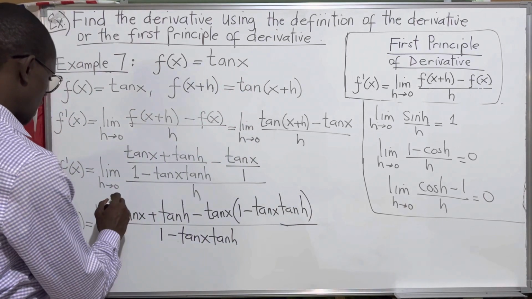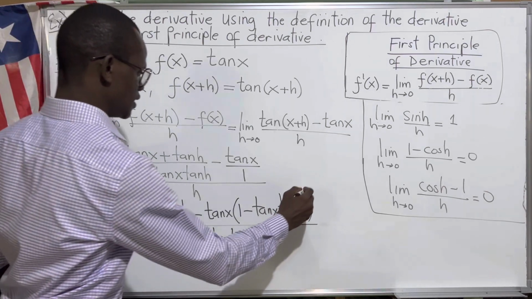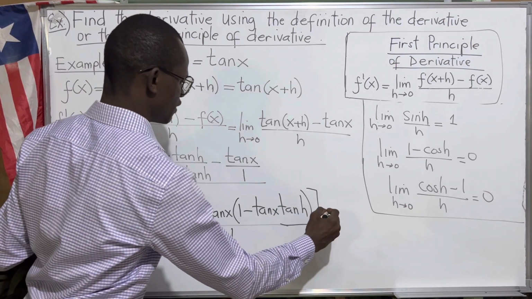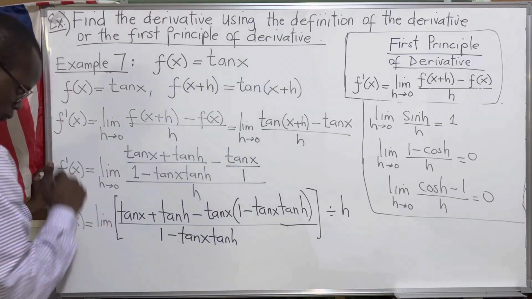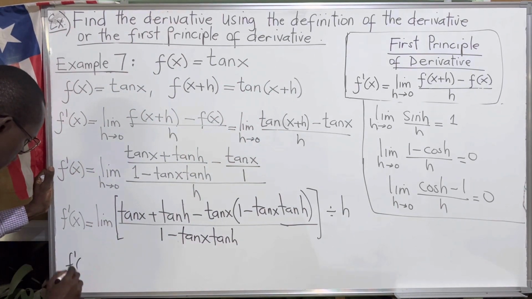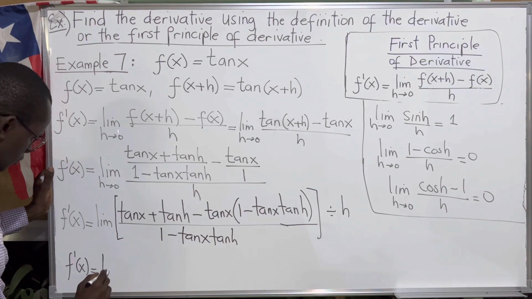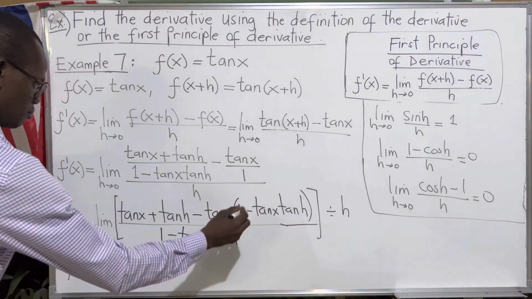Now remember, you have a denominator expression divided by h. We can further simplify by multiplying.